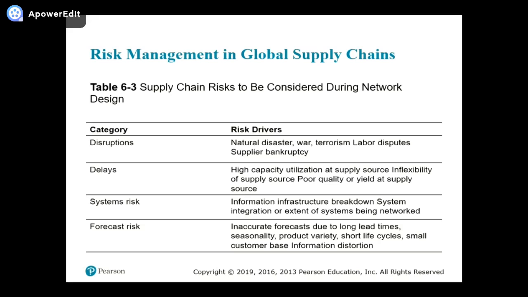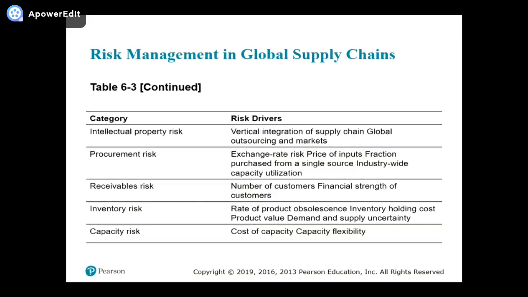Forecast risk, so basically we could have just an inaccurate forecast. So any plans based on the forecast could be wrong. Intellectual property risk, so that is the consideration of whether we want to vertically integrate our products and share the key product information with the suppliers and vendors.